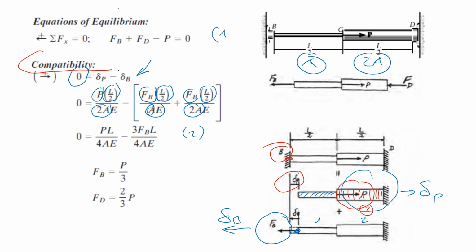That was my first equation. When you solve these two equations, you see that FB is P over 3 and FD is 2/3 P.